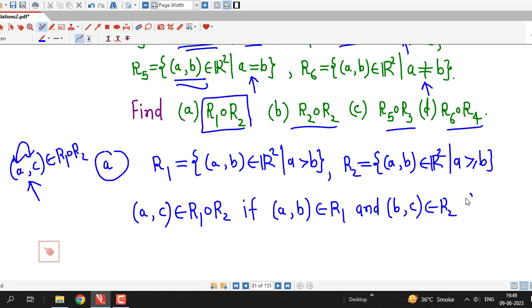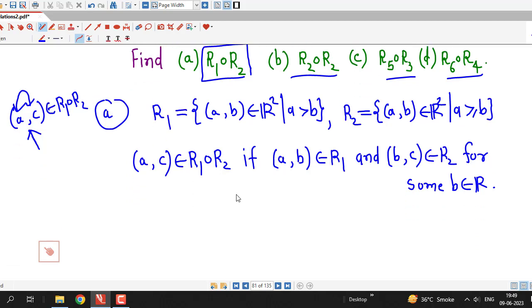If this happens for some real number B, then we can say that this ordered pair (A, C) is a member of the composition of R1 and R2. This is by definition. By the definition of composition, the ordered pair (A, C) belongs to R1 composite R2 if (A, B) belongs to R1 and (B, C) belongs to R2 for some B belonging to R.